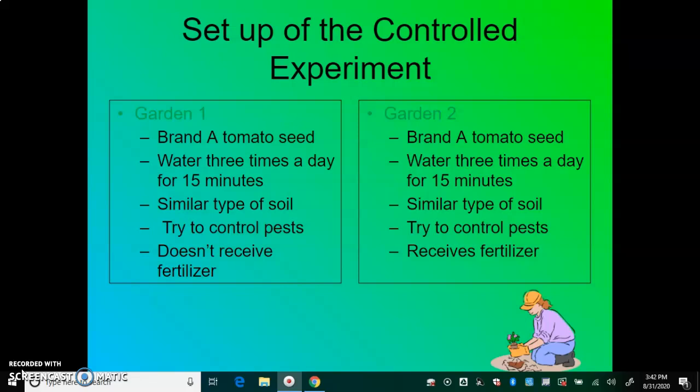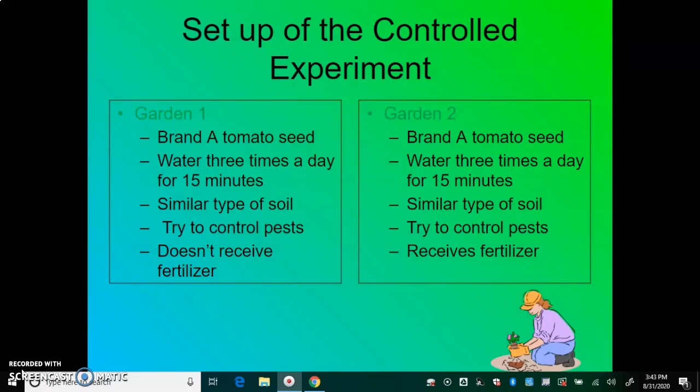So then what is the independent variable? What is the change that's occurring? What does the experimenter have control over changing? It would be the addition of fertilizer. So fertilizer would be the independent variable. So what are some constants?